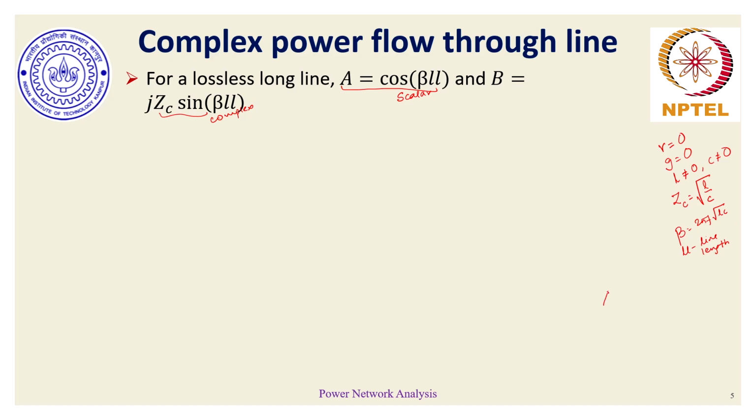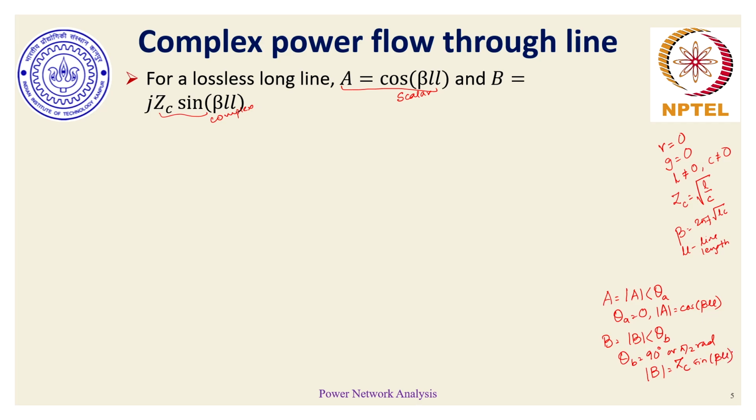If we represent A as mod of A at an angle theta A with respect to the receiving end voltage, then for a lossless line theta A is 0 and mod of A is simply cos beta l. Similarly for B, which is mod of B at an angle theta B with respect to the receiving end voltage, theta B is exactly 90 degrees or pi by 2 radians, and mod of B is ZC sin beta l.